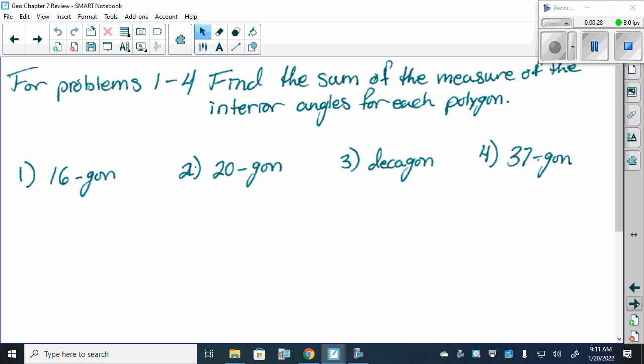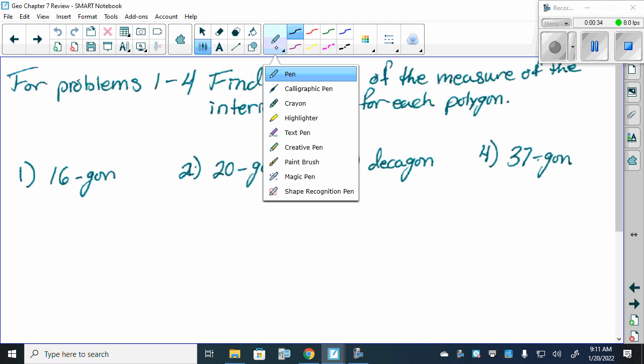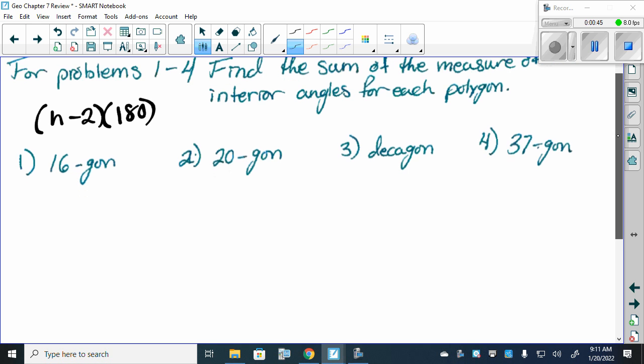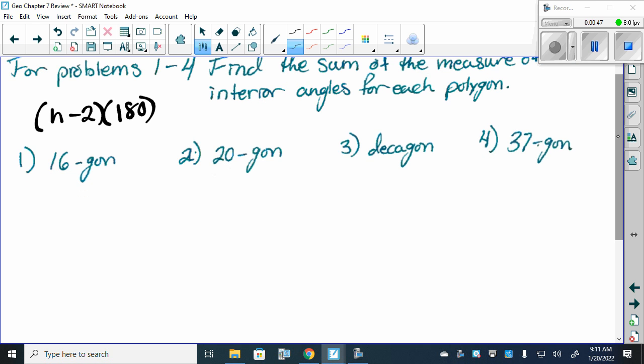So, for this here, the sum of the interior angles for each polygon is given to us by the formula n minus 2 times 180, where n is the number of sides. Now, for 2, this would be 20 minus 2 times 180.